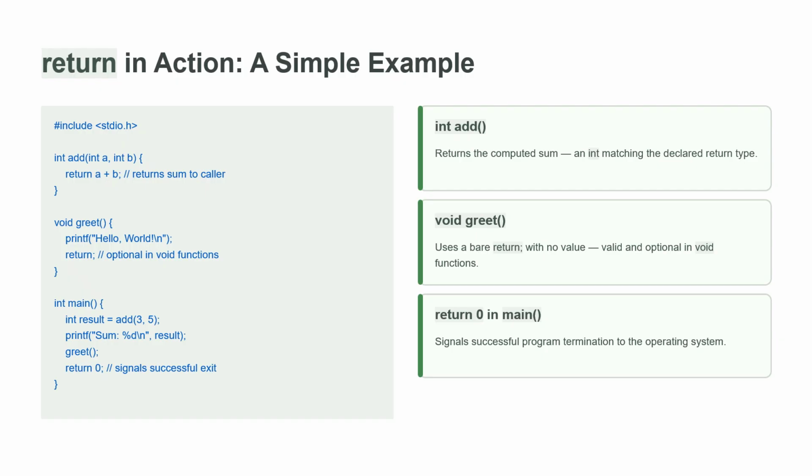Here a, b can be 3 and 5. You are adding two values and saving the sum in result. Here return 0 in the main function signals successful program termination to the operating system.